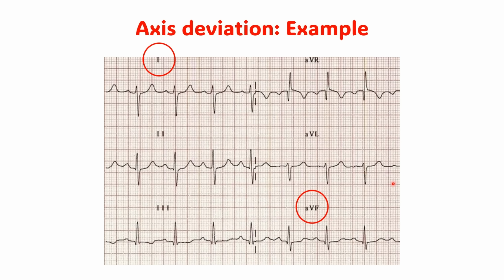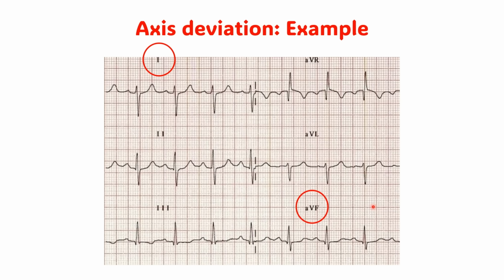There are various causes of right axis deviation, and left axis deviation, etc. We're going to detail them in future videos, as this is an introductory video. But generally, some causes of right axis deviation are right ventricular hypertrophy, a right bundle branch block, and right ventricular strain due to lung pathology such as pulmonary embolism, COPD, pulmonary hypertension, or stenosis of the pulmonary valve.